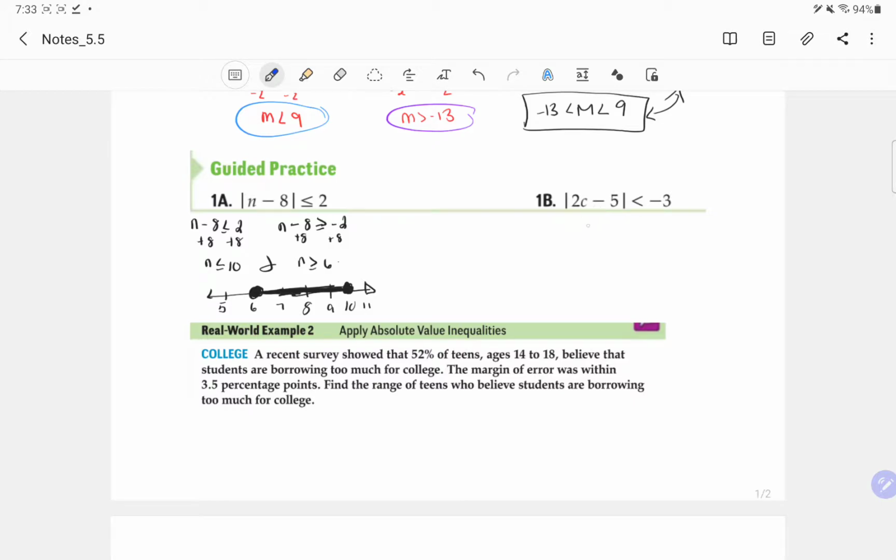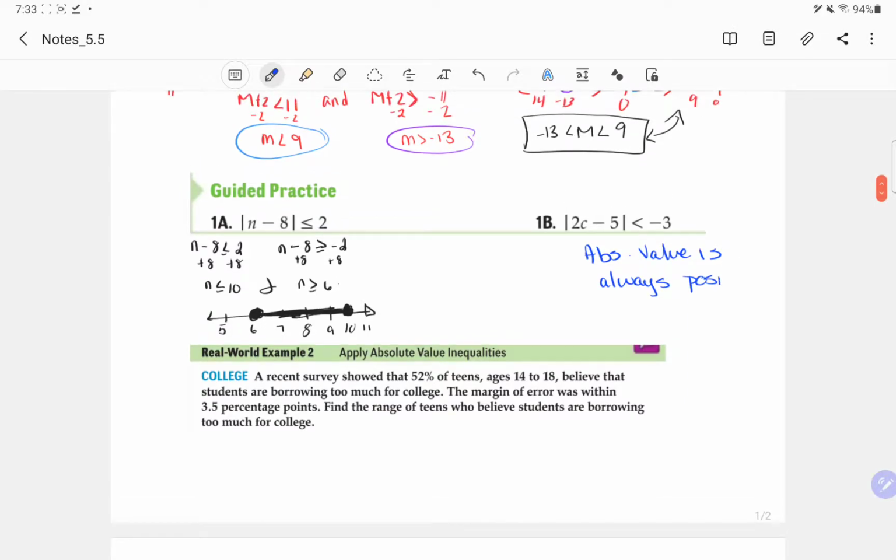So if the absolute value is always positive, that means you can't get a number. It's impossible to take the absolute value and get something smaller than negative 3. So the answer to this is no solution, which is often written as the empty set symbol. Okay?